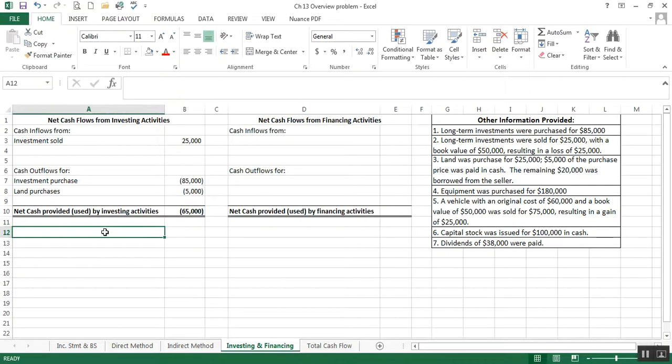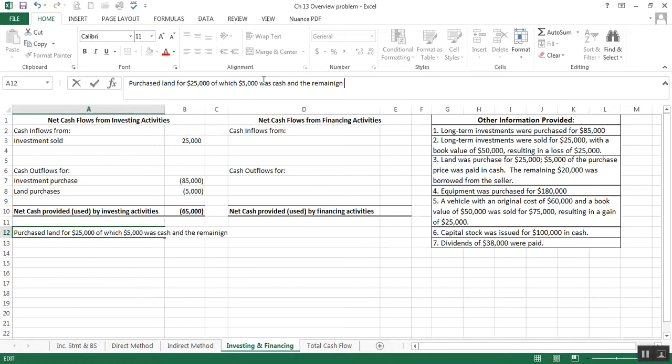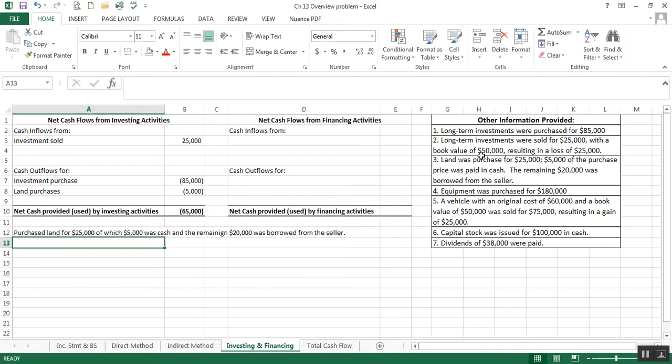So we need to say purchased land for $20,000. All right, so we purchased land for $25,000, of which $5,000 was cash, and the remaining $20,000 was borrowed from the seller.